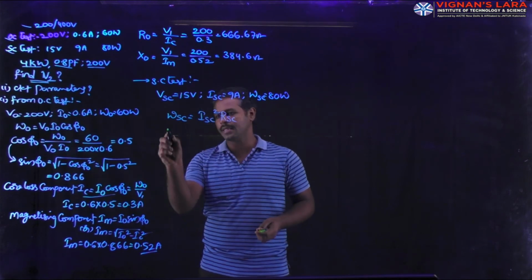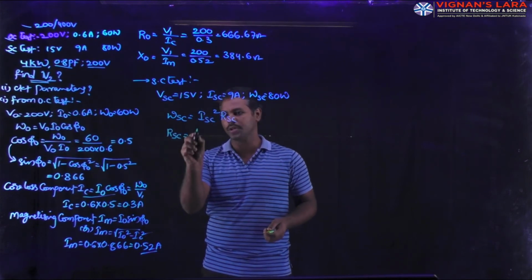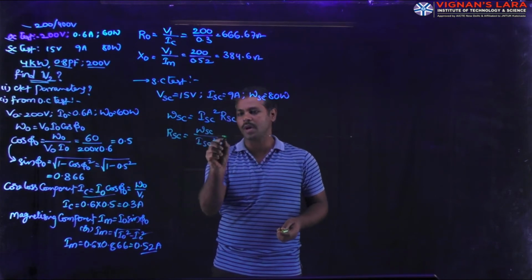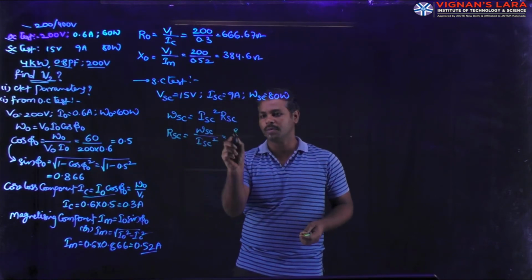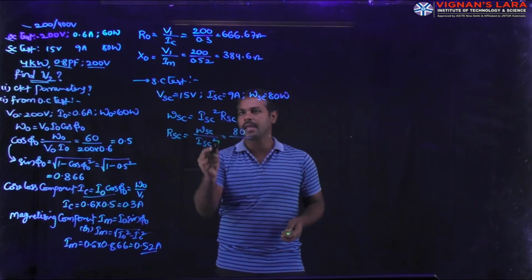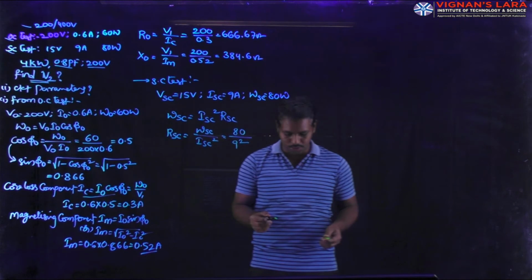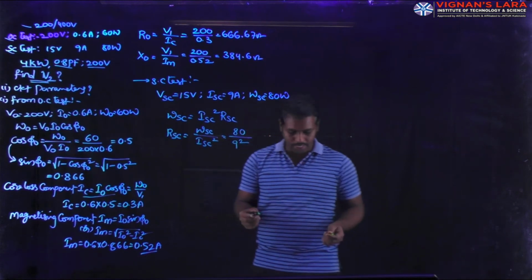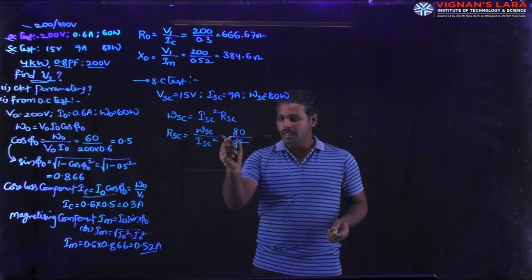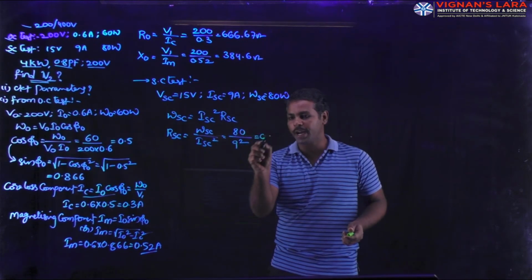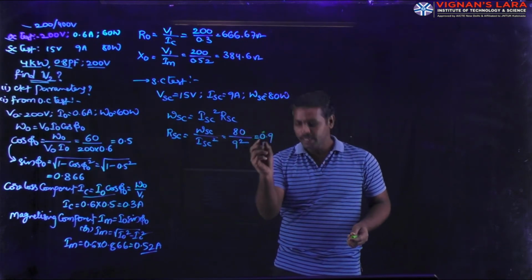So RSC is equal to WSC divided by ISC square, which is 80 divided by 9 square, equal to 0.987 ohms.